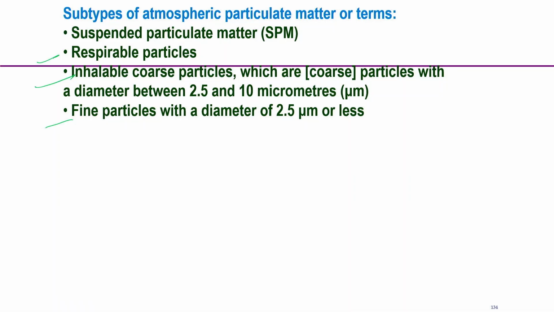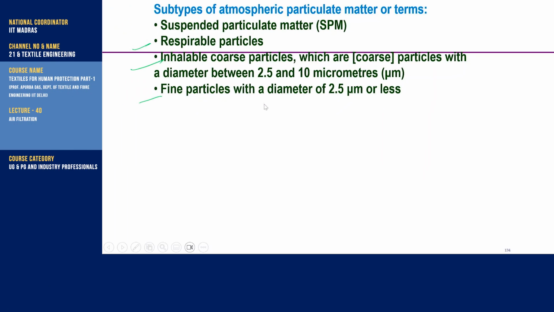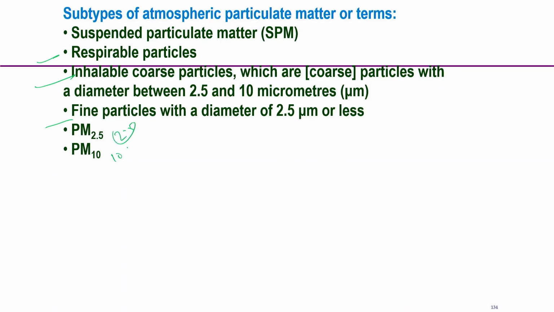So, we can have fine particle, inhalable particle, respirable particle, suspended particle. These are the different ways to express the particulate matter in the atmosphere. PM 2.5 and PM 10: the 2.5 is meant for 2.5 micron and this is 10 micron diameter, that is the size.